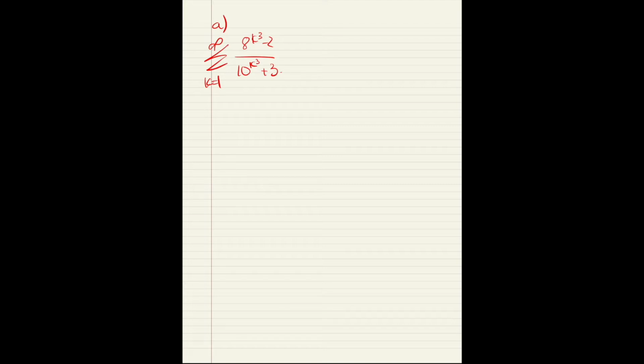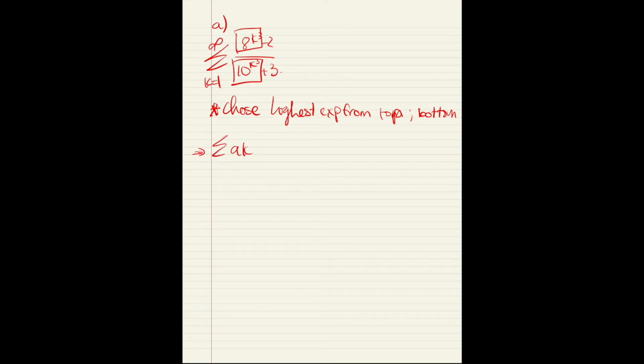I would choose the highest exponent from the top and the highest exponent from the bottom, so that the series a of k equals the series of 8k to the third minus 2 over 10k to the third plus 3.